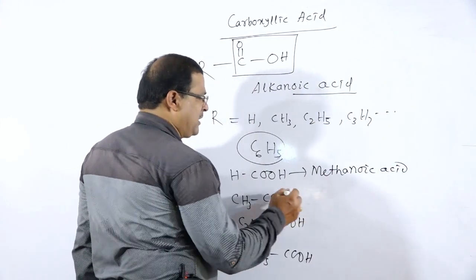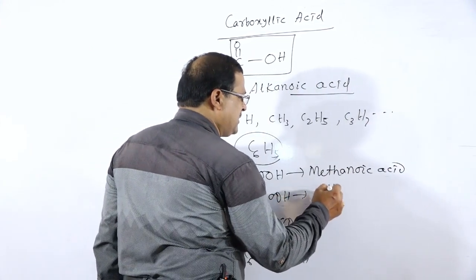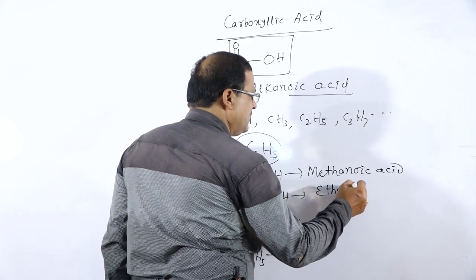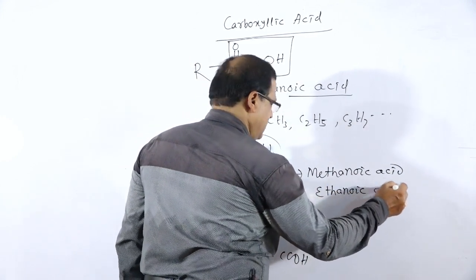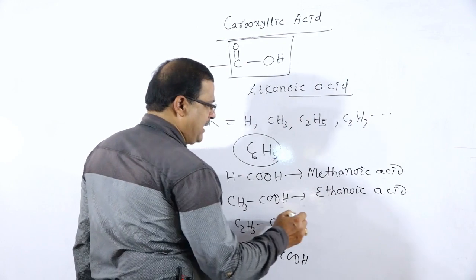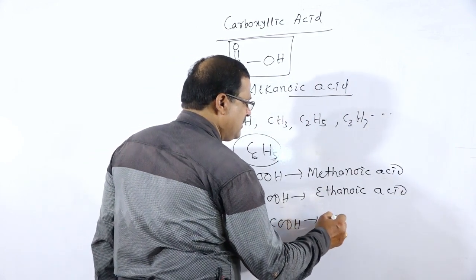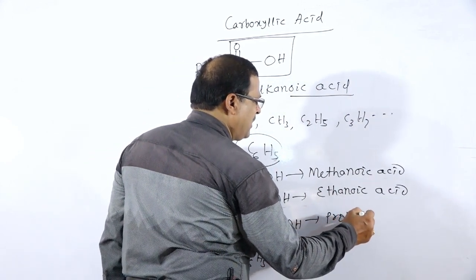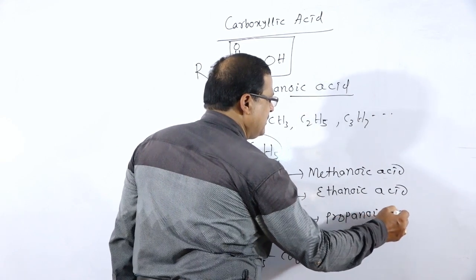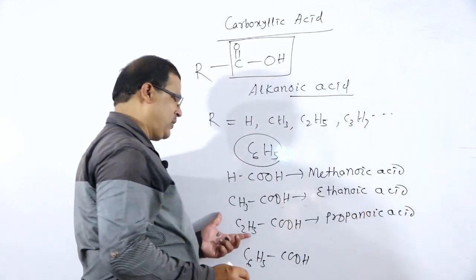Containing two carbon atoms, it is ethanoic acid. Containing three carbon atoms, it is propanoic acid.